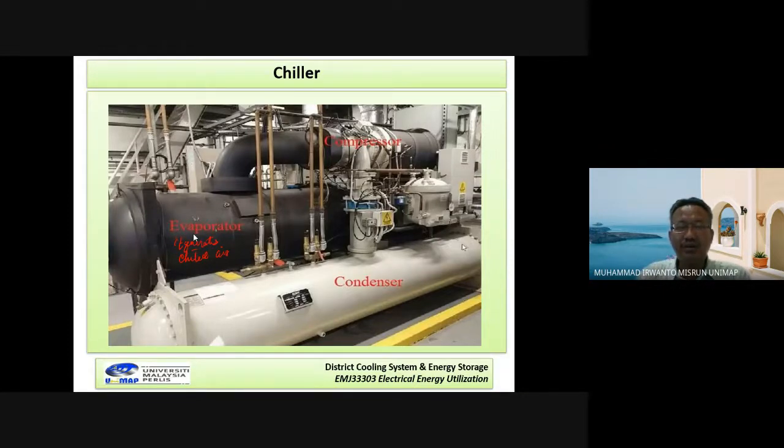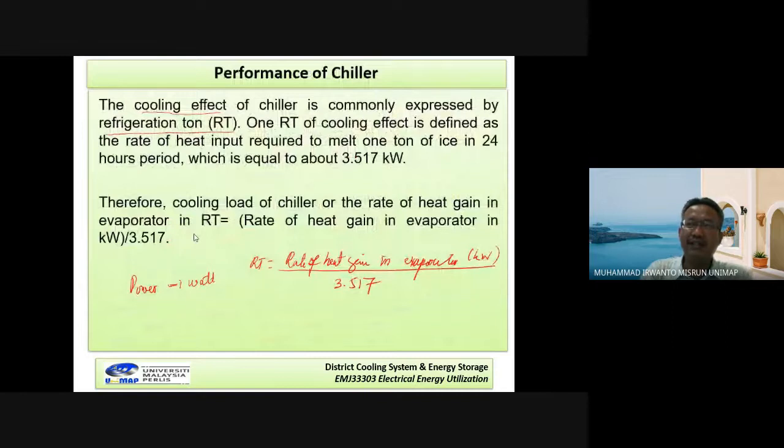This one we can also call the chiller load. So RT is equal to heat gain in the evaporator divided by 3.517. That is the definition of the RT. Remember this one, refrigeration ton, because the unit is given this way, and also for the efficiency and COP after this.